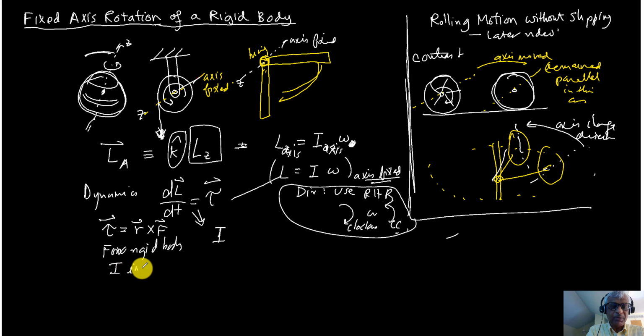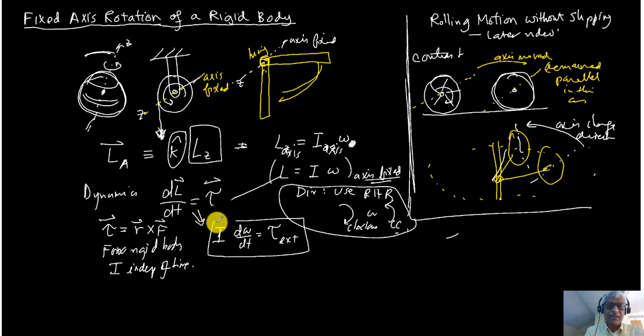I is independent of time, fixed in time. Whatever it is, it will remain. So this is I d omega/dt equals the torque, and for rigid bodies only external forces and torques matter. So this becomes the defining dynamics for a rigid body.